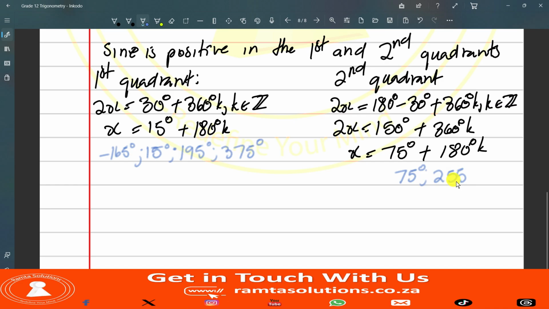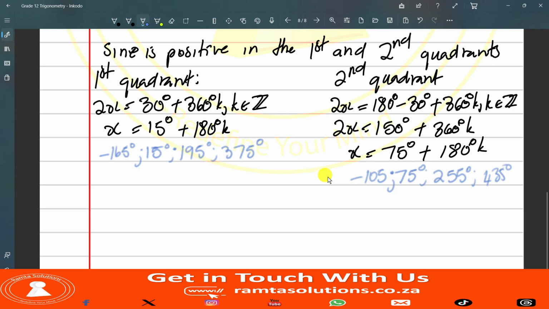If I add another 180, it'll be 435 degrees. Now, if I want a point that is before 75, that is in phase with it, I will say 75 minus 180, which gives me negative 105.